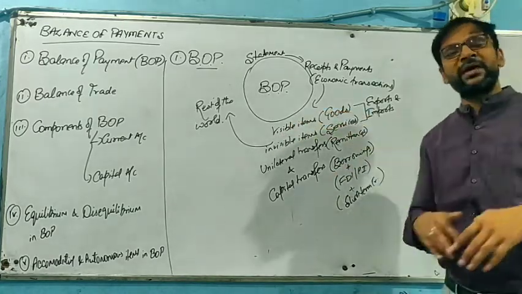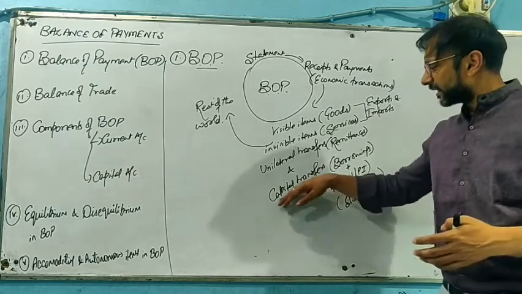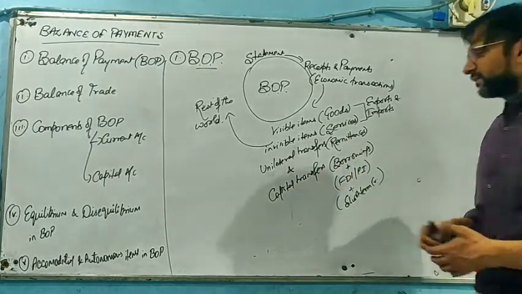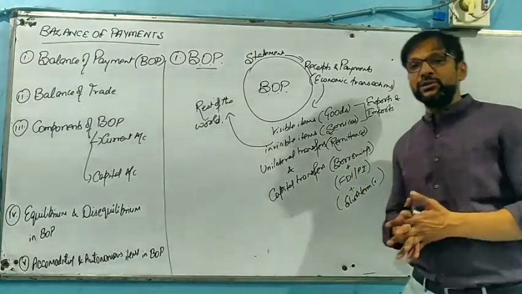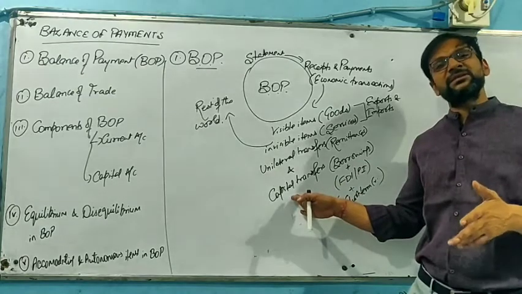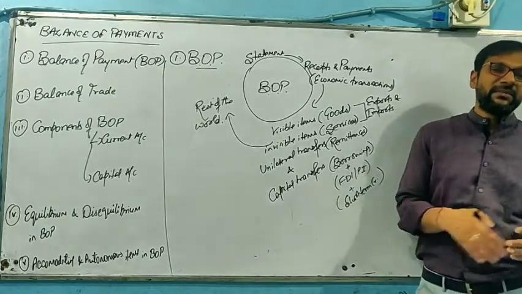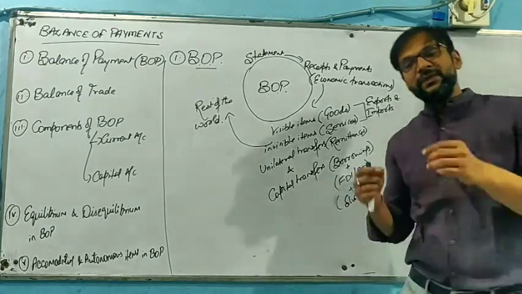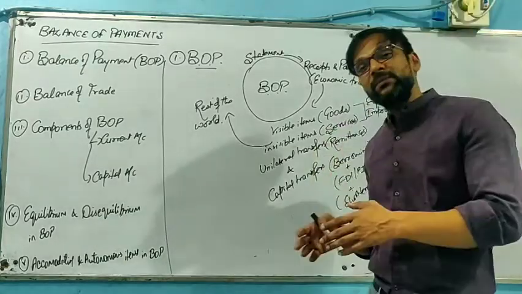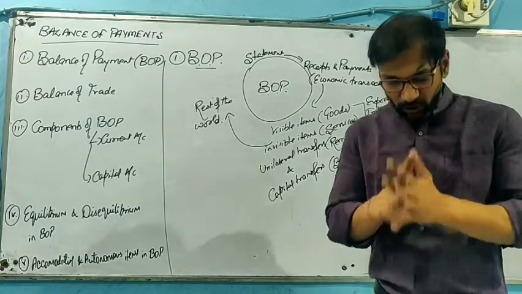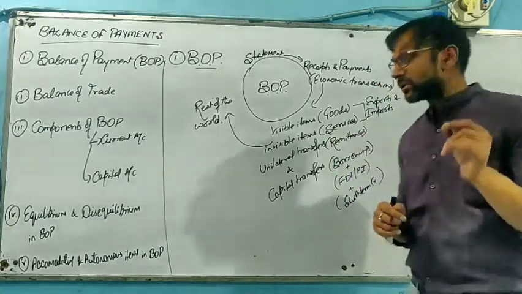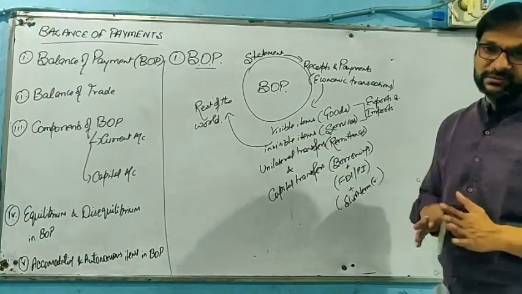They cannot be included in capital transfers just by taking them as capital goods. No. Such transactions do impact assets and liabilities, but if we are concerned with goods like plant and machinery, they are in fact goods. And whenever we are talking about goods, they will come under visible items.